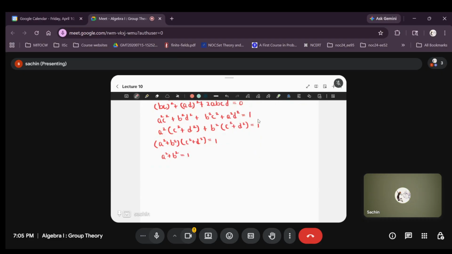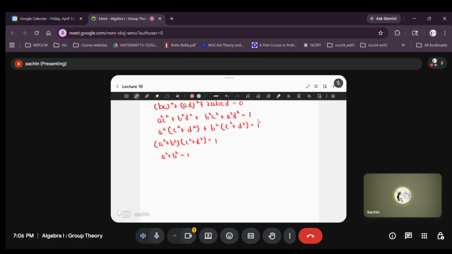And sum of squares of two integers is one, what are the options? If a is any integer greater than 1, a square itself will be greater than 1, and the sum a square plus b square will also be greater than 1. Similarly, if b is greater than 1 or less than minus 1, again its square will be greater than 1.